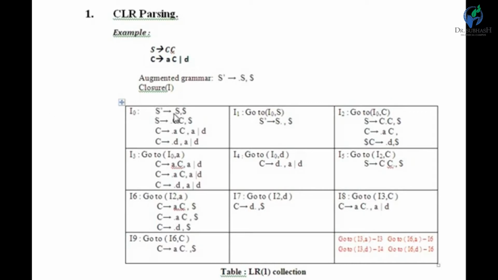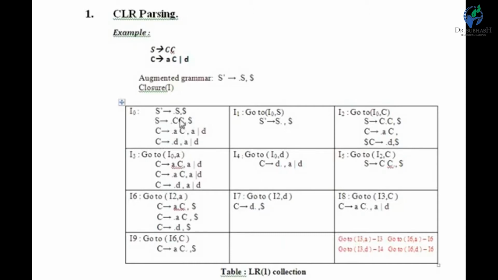Here after the dot there is a non-terminal, so write down its production: S gives dot C C. At the initial position you put the dot, and after the comma you write the look ahead symbols.